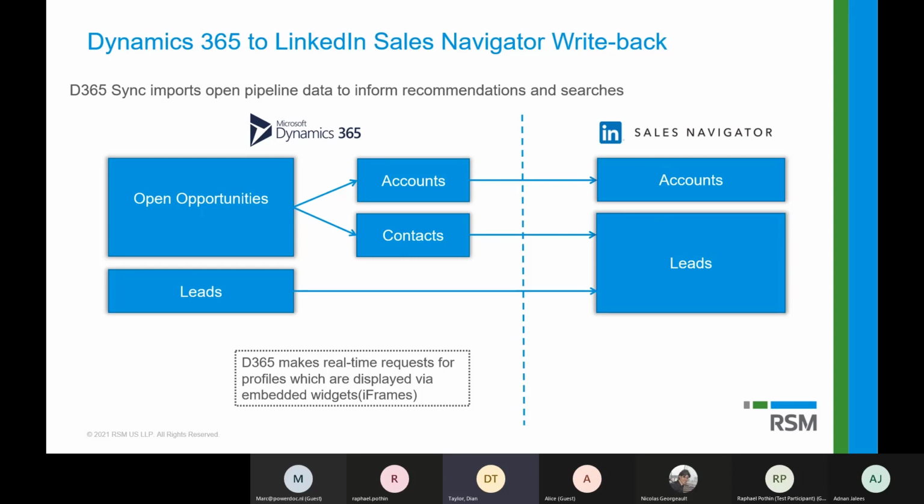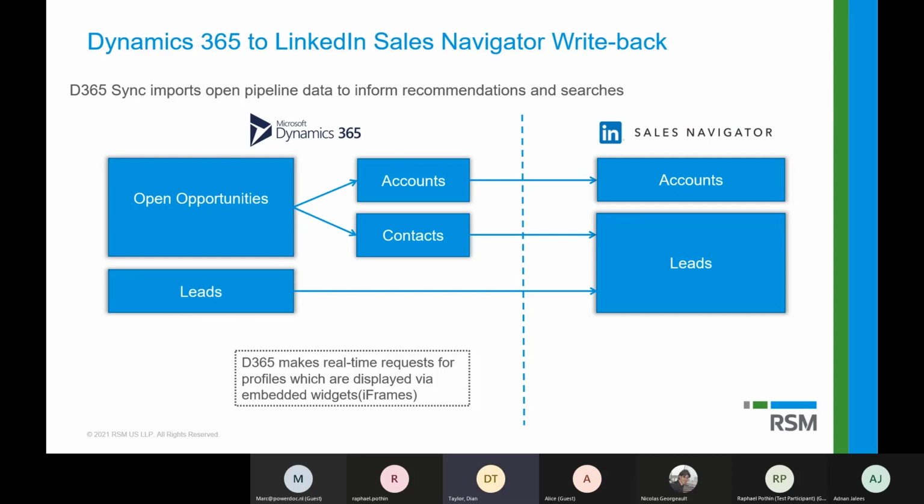So we probably don't want that. So let's take a look at the synchronization from both perspectives. Now, from Dynamics 365 to Sales Navigator, you're going to see that account and lead lists are created automatically in LinkedIn Sales Navigator. And when users access LinkedIn Sales Navigator and navigate to the accounts list, you're going to see the auto-created My CRM accounts. That's actually the name of that list. And that list contains all Dynamics 365 accounts with open opportunities where the stage is greater than the stage that you chose in your CRM sync preferences in LinkedIn Sales Navigator.